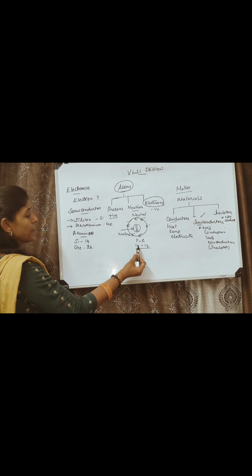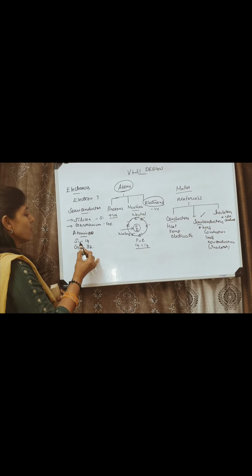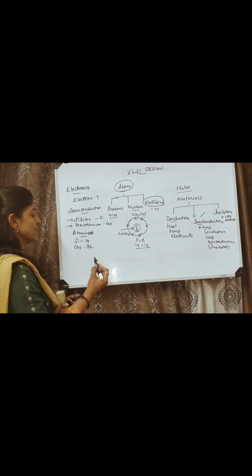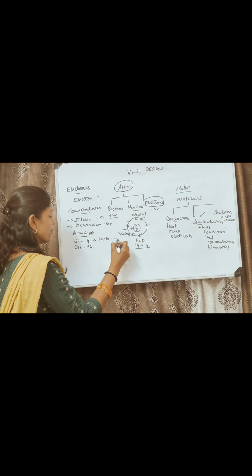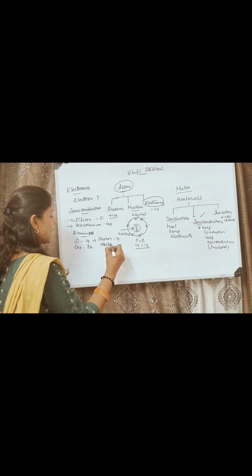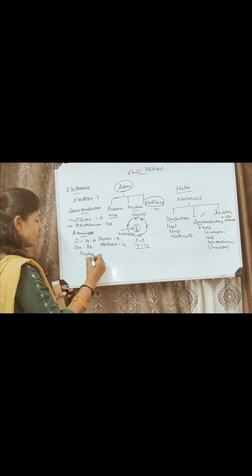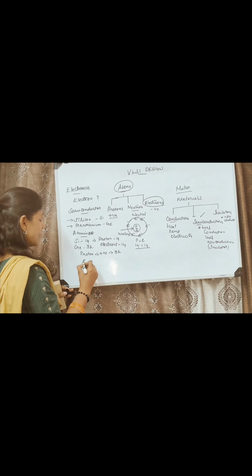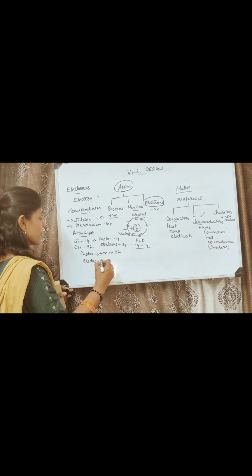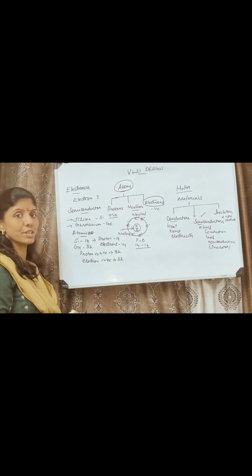So this 14 represents the number of protons and the number of electrons. What is the atomic number of silicon? It is 14, which means protons are 14 as well as electrons are 14. For germanium, the protons, the positively charged particles, are 32, and the electrons, the negatively charged particles, are also 32, right?